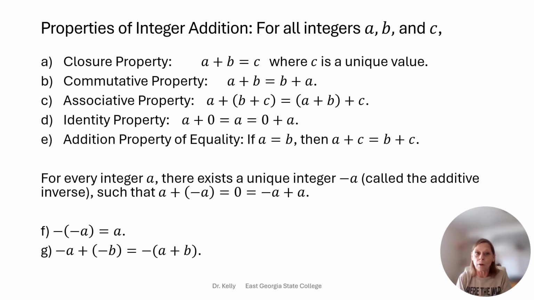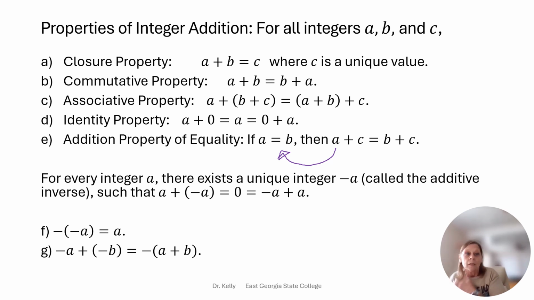The addition property of equality. This one's kind of new, but it makes sense. If a is equal to b, then a plus c is also equal to b plus c, because a is equal to b, so we can replace a with b.